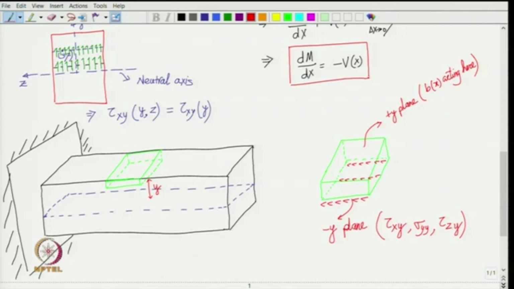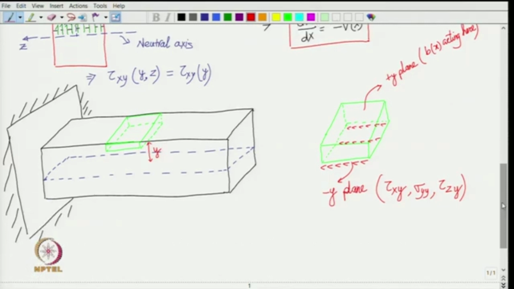What other face is present here? Look at the positive z face and negative z face. You see the positive z face and negative z face, they are the outer lateral surface of the entire beam, and we are assuming that we have distributed load acting only on the positive y plane.